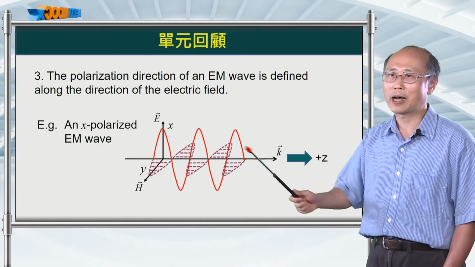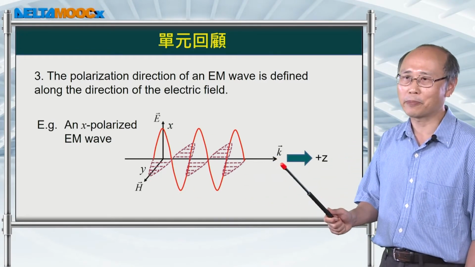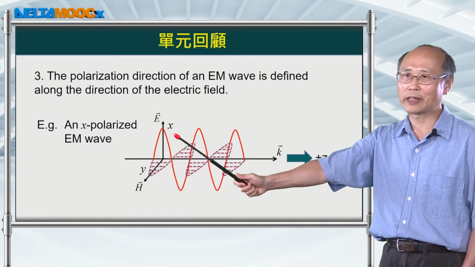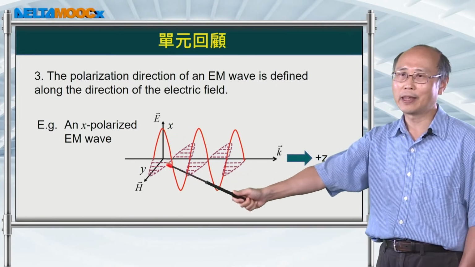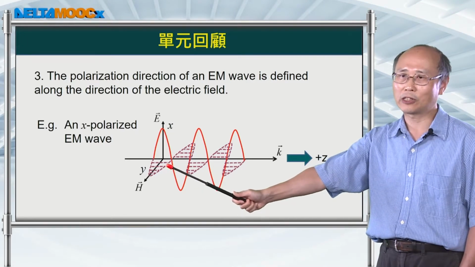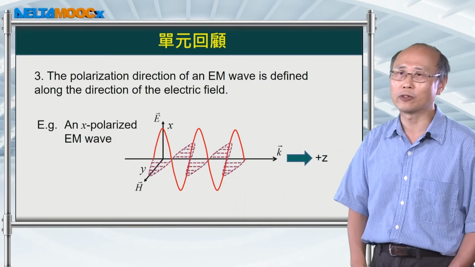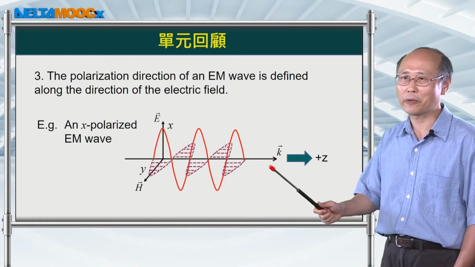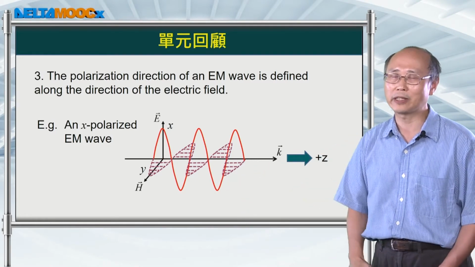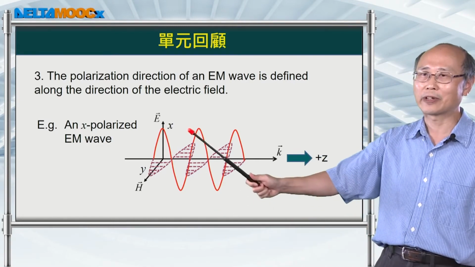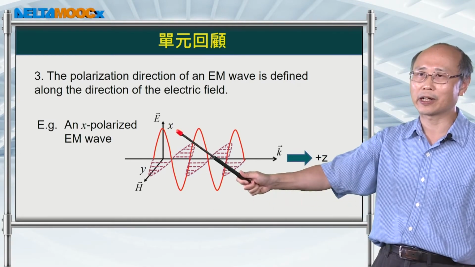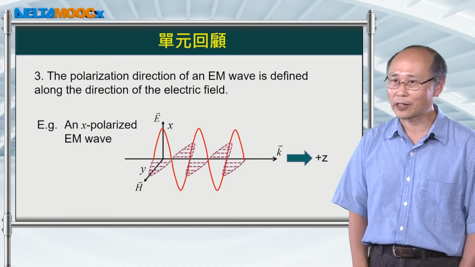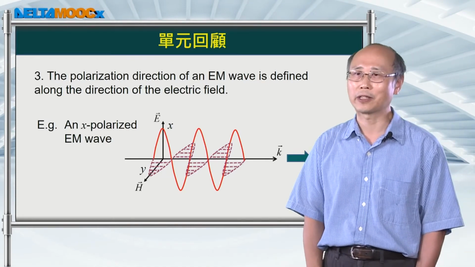For example, we use the wave propagating along z direction. And suppose you have an electric field along x direction, then you can determine that the magnetic field will be along y direction. Conversely, if you have a wave propagating along minus z direction, but still have an electric field component along x direction, you'll be calculating a magnetic field along minus y direction.